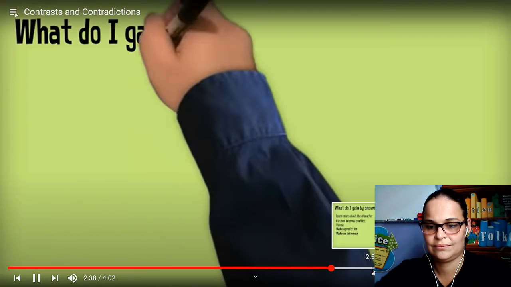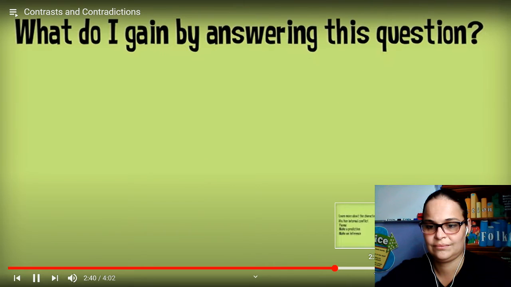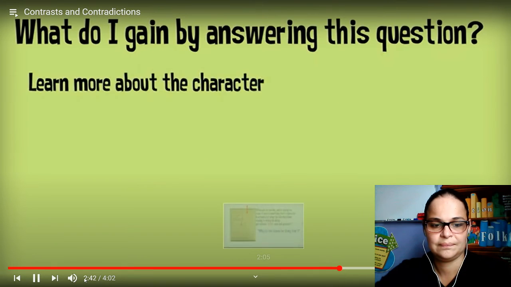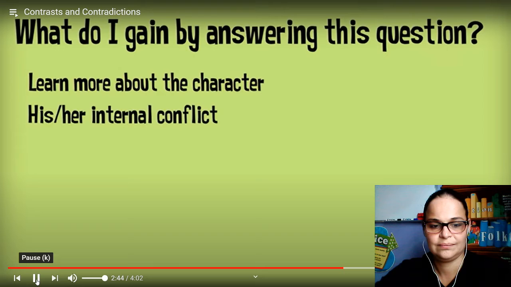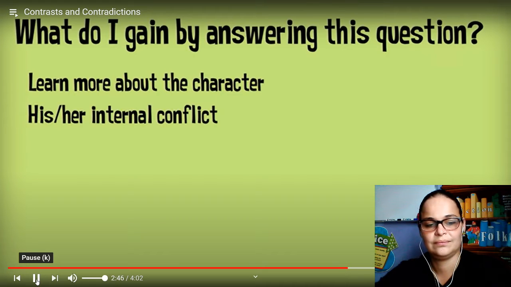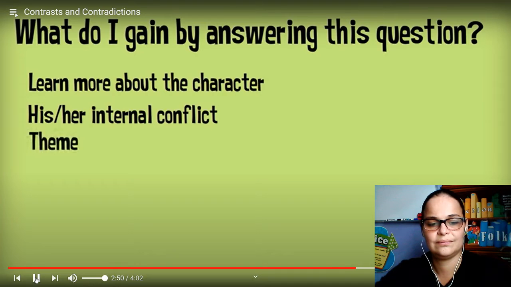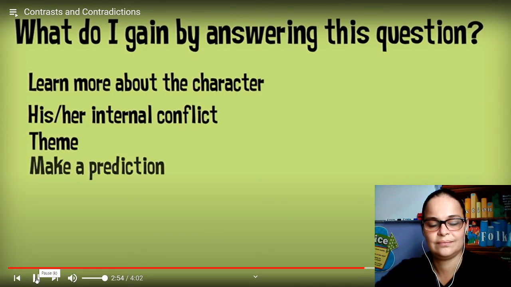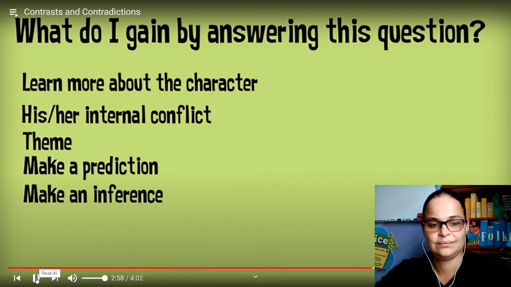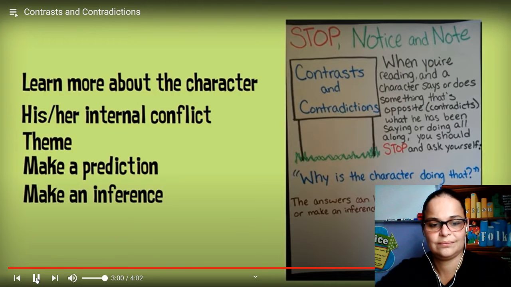As we answer this question, you're going to learn more about the character, learn about his or her internal conflict. Sometimes you'll learn about the theme, the important life lesson the author is trying to share, and it can also help us make predictions and make inferences about the plot. Pause the video to write this section.